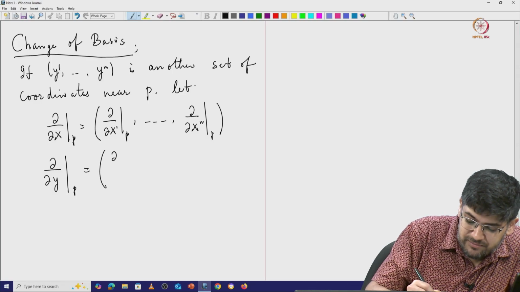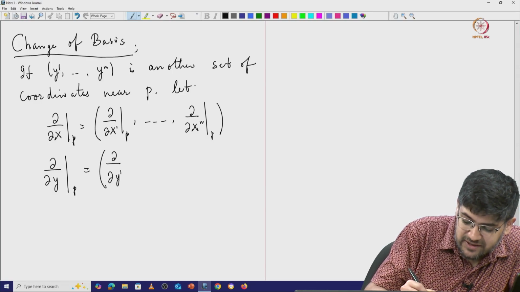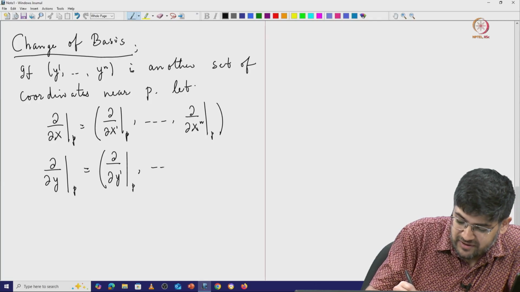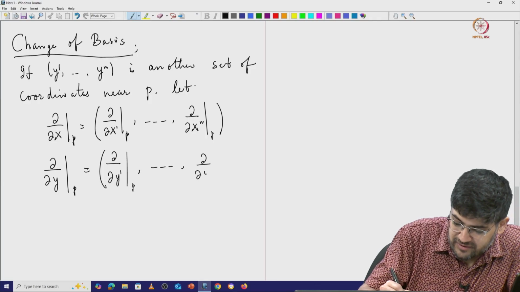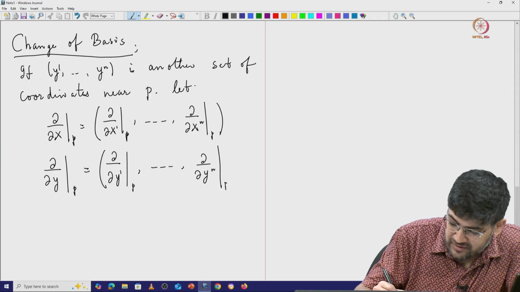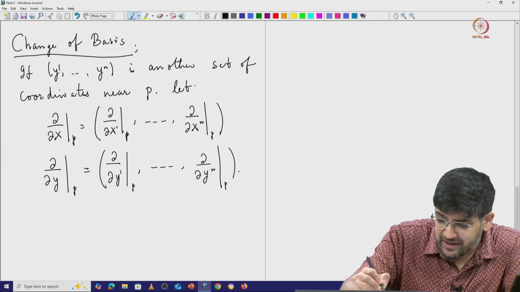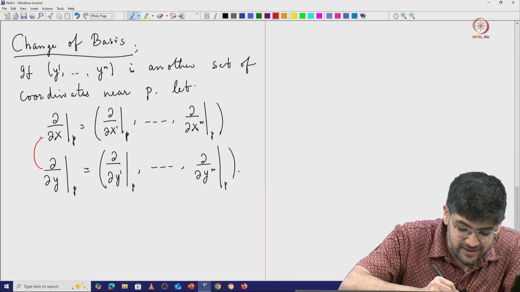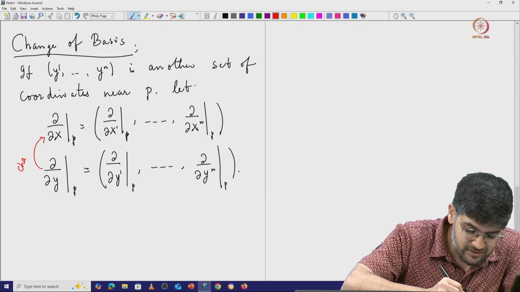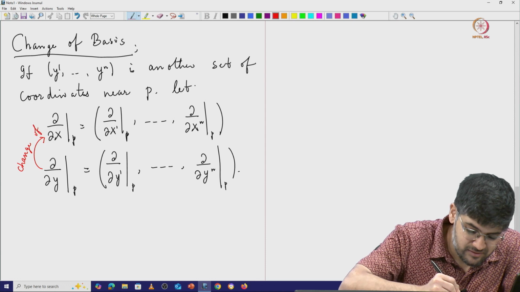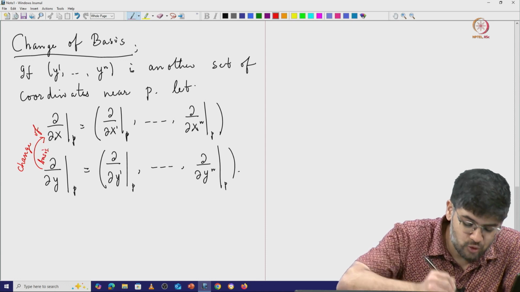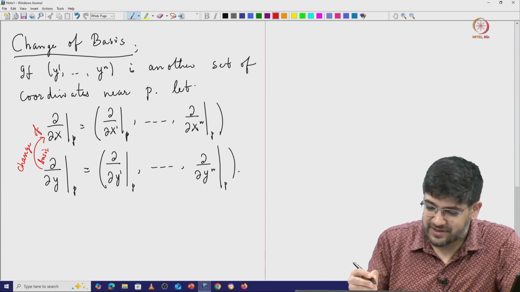Similarly, I have a row vector of basis vectors in the y coordinate system. Okay, and I want to understand what is the change of basis to go from the y basis to the x basis.